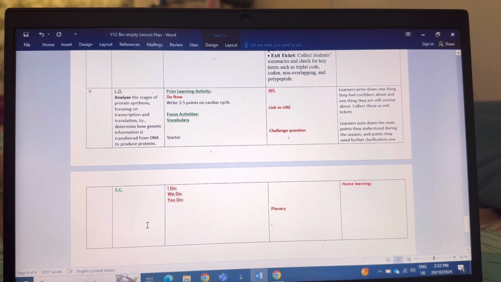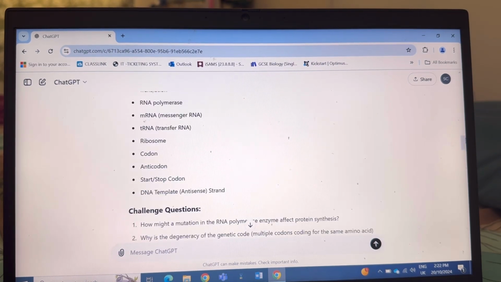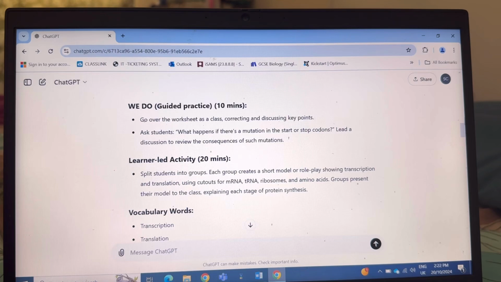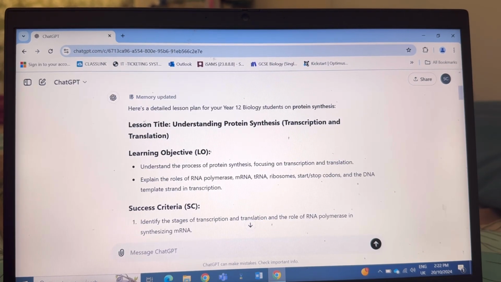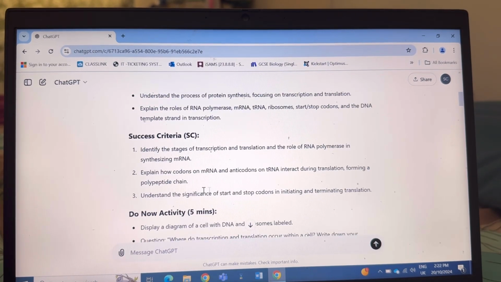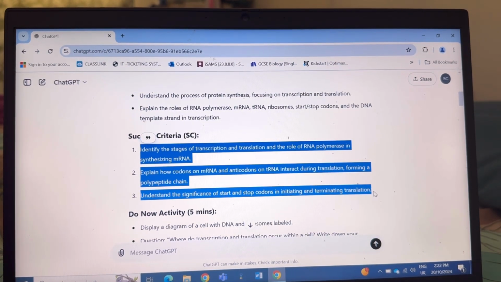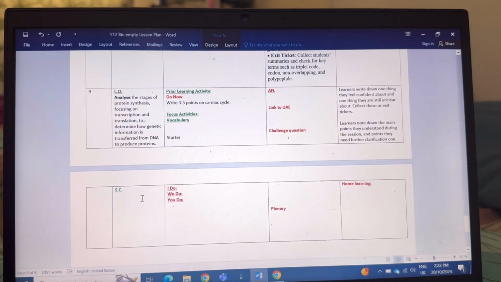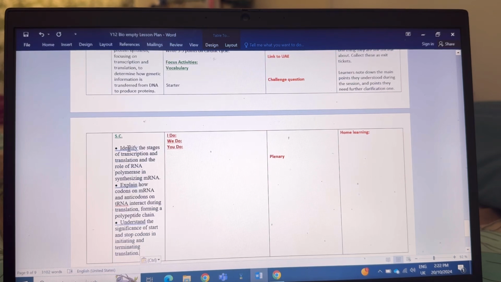Now let me copy paste the success criteria. Because I asked for 3 success criteria, it has given me exactly that. I don't have to think about what success criteria I can give here because ChatGPT has done that.